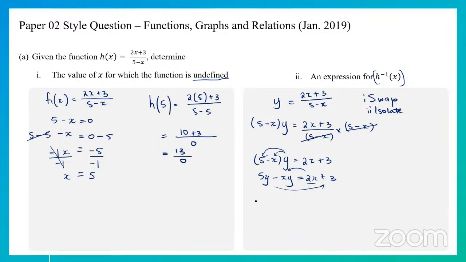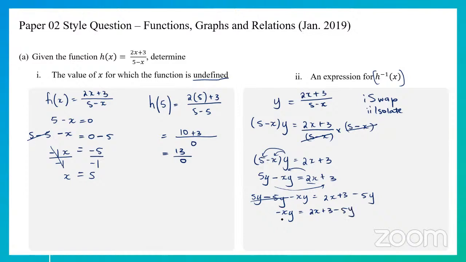I'm just going to explain everything, how I get that to be here. So 5y, positive 5y, so I'm going to subtract 5y over here: minus xy is equal to 2x plus 3 minus 5y. 5y cancels 5y. So I'm going to be left with negative xy equals 2x plus 3 minus 5y.